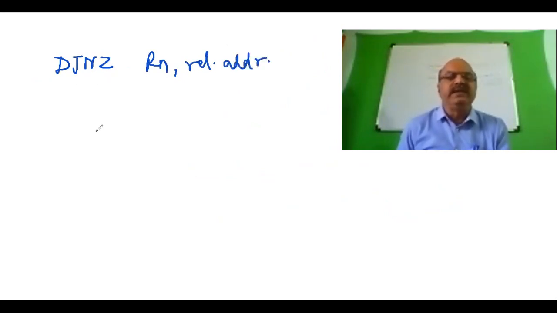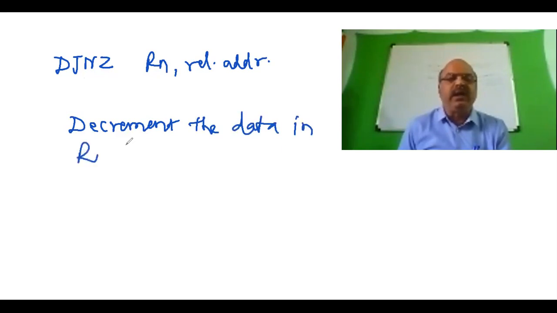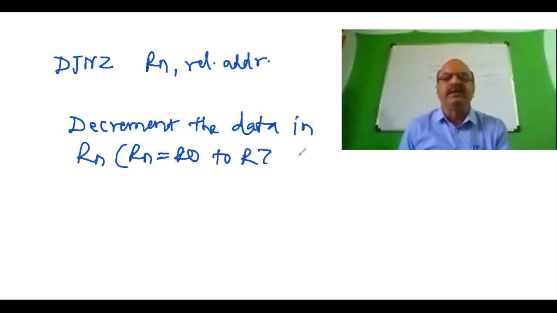So here DJNZ means decrement the data in RN. RN means R0 to R7, any bank register.